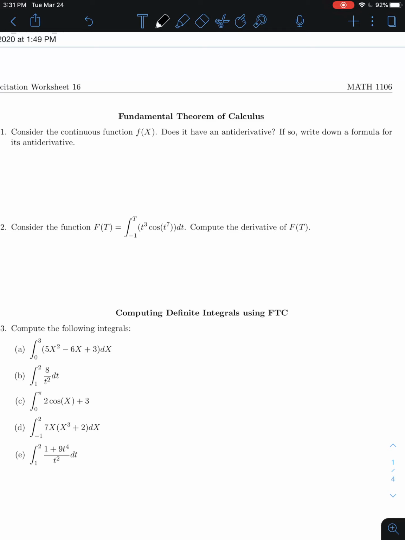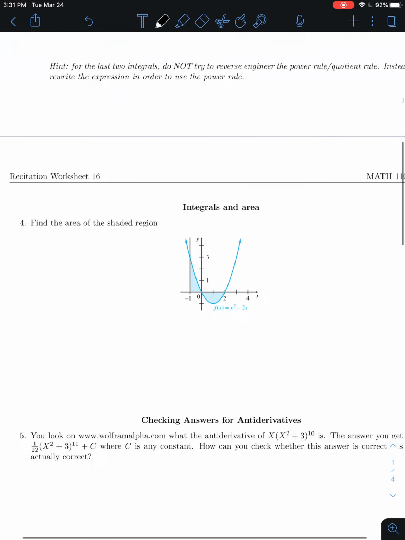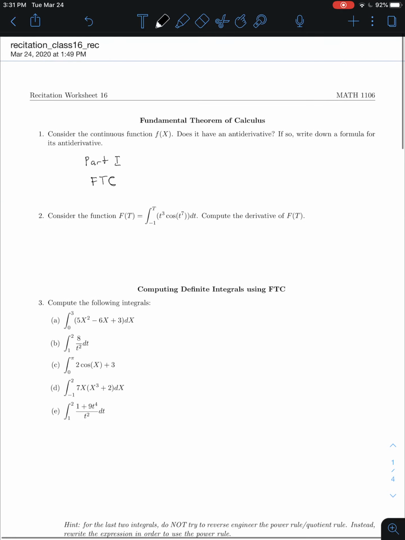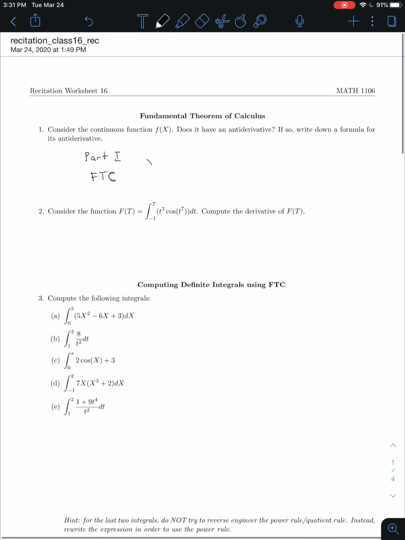And this right here is exactly using part 1 of the fundamental theorem, which told us that every continuous function, little f of x, has this function uppercase F, which is the antiderivative. So we can write that right up in question number 1 and say that yes, it does have an antiderivative, and its antiderivative is given by this uppercase F, which is the integral from some base point up to x of our lowercase f.